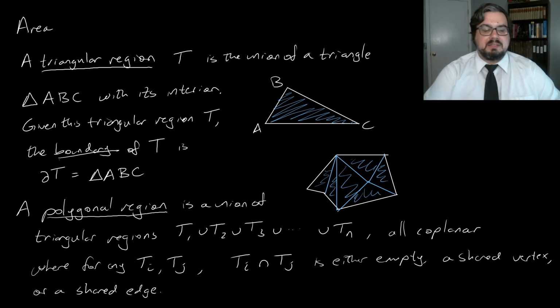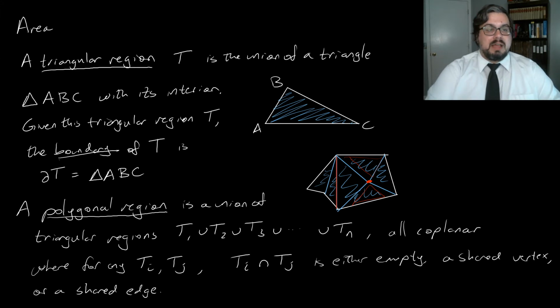So, for instance, in this polygonal region that we've got here, we have that two of the triangles share an edge here. And then we've got a point here where if we take, say, the top triangle and the bottom triangle, their intersection is simply this point, the shared vertex between them.